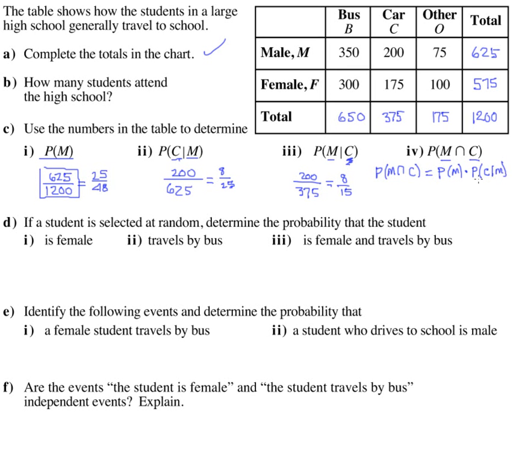And good news, we have this already. We found it in part II. So if you want a student to be male and a car rider, you go, okay, first let's get all the males. There are 625 of them out of 1,200 kids. And then, if you know that a student is male, there's an 8 out of 25 chance that they take a car to school, either driving or passenger.